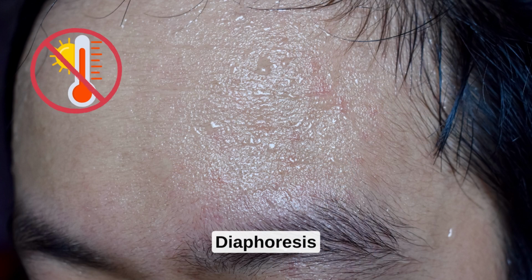Then we can also see diaphoresis. This means that the patient is sweating a lot, but there's obviously no sign of high temperatures in the room, but the patient is still sweating a lot. We call this diaphoresis.